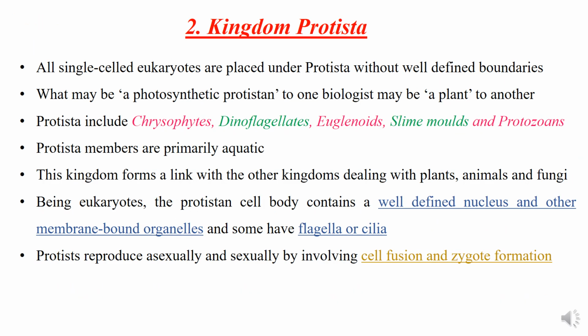Coming to the second kingdom, Protista. Protista includes single celled eukaryotes, which have a single cell with a proper nucleus and nuclear membrane. But in Protista there are no well defined boundaries, meaning which organisms should be kept in Protista and which should be transferred to plants, because one scientist may feel that an organism is a photosynthetic protistan, but another person may feel that it is a plant.